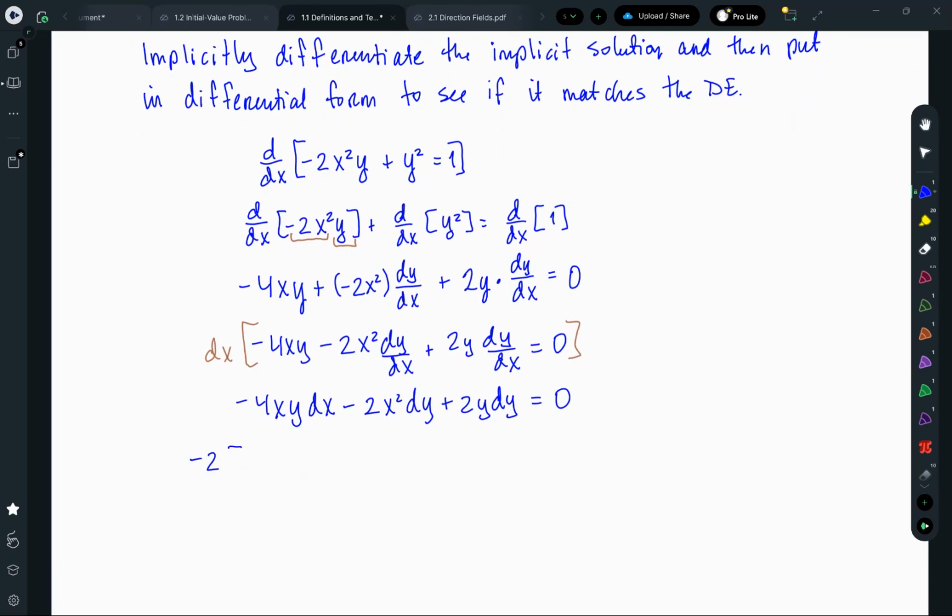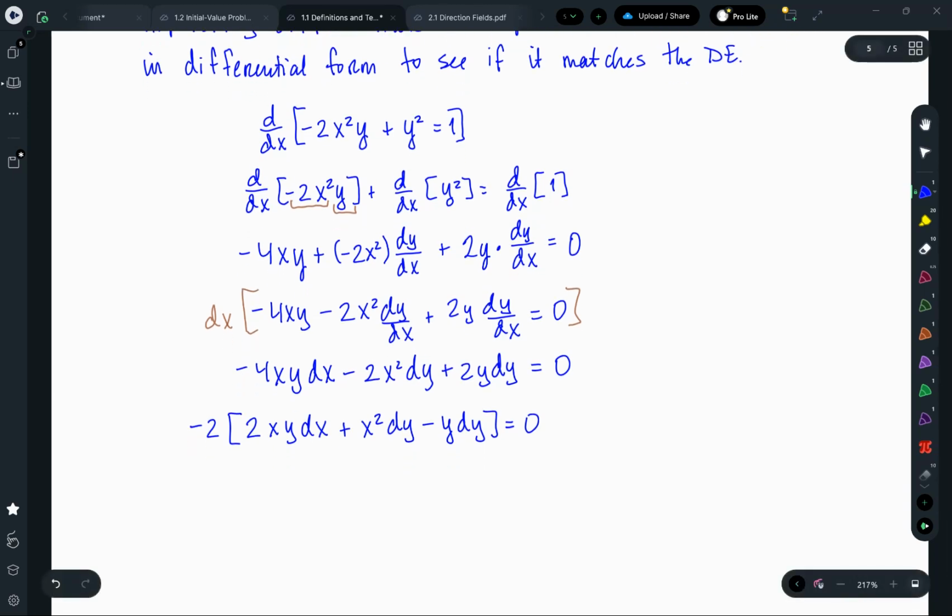Minus 2, that leaves behind a 2xy dx plus x squared dy minus y dy is equal to 0. Now, I could divide both sides by that minus 2, and 0 divided by minus 2 is 0. So that minus 2 just has no effect on our differential equation.